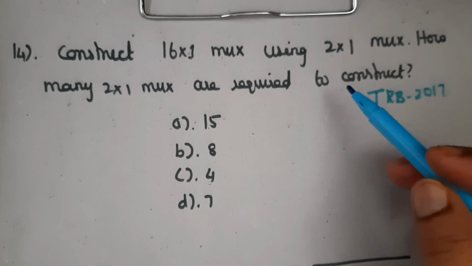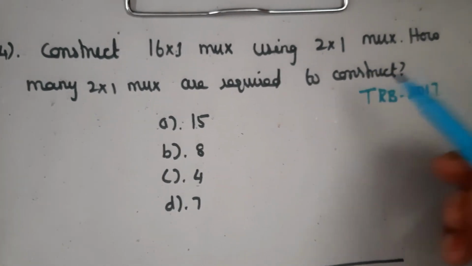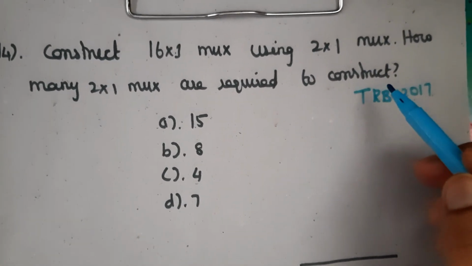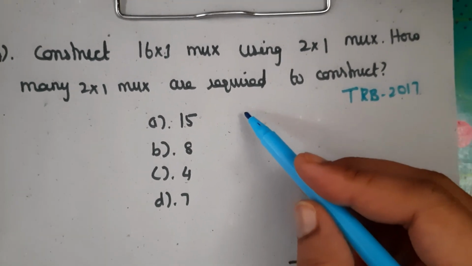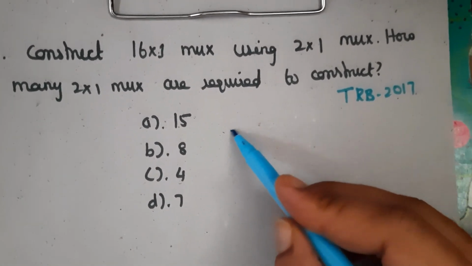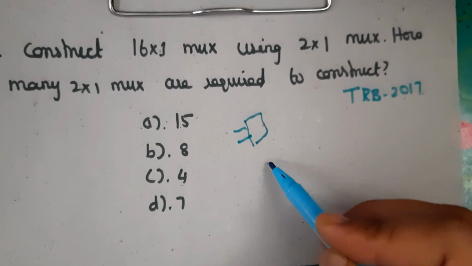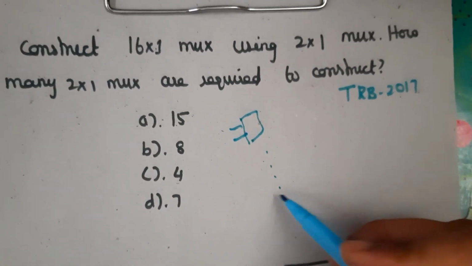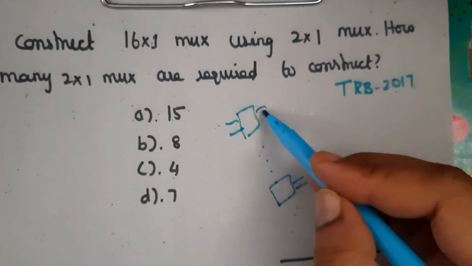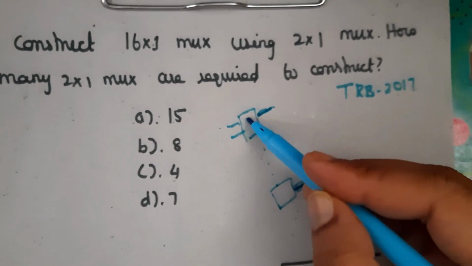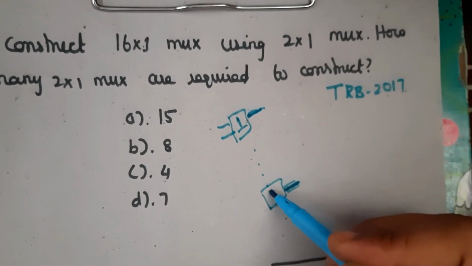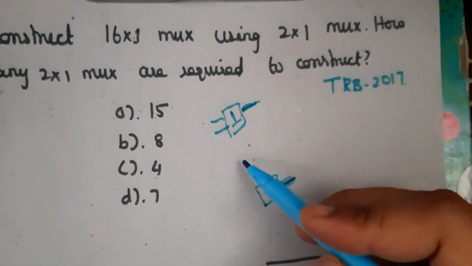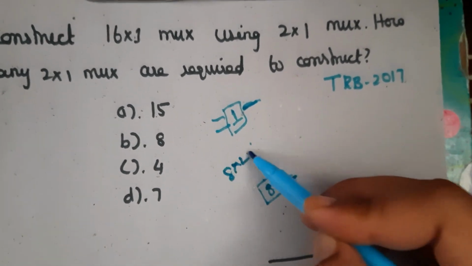Construct a 16 cross 1 mux using 2 cross 1 mux. How many 2 cross 1 mux are required to construct it? So first, 16 cross 1 means for 2 inputs it requires 8, and each one gives a single output. So we use 8 first, because 8 cross 2 is equal to 16.